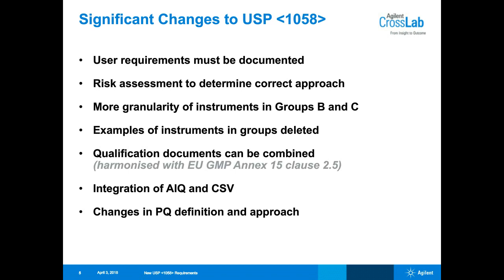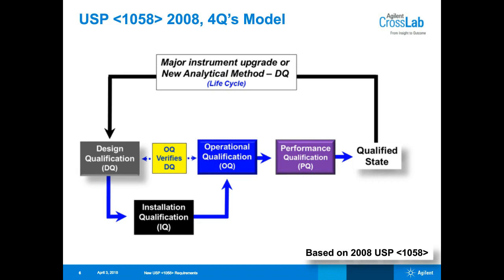Let us look at one of the things at the heart of 1058, which is the 4Qs model. And this is the 2008 version, which I've shown in this slide as a very simple V model, where you have design qualification, installation qualification, and operational qualification. You confirm that the OQ matches the DQ, and then you go on into performance qualification.